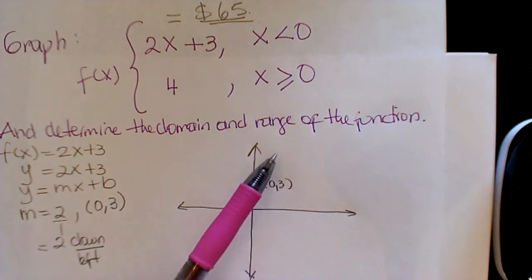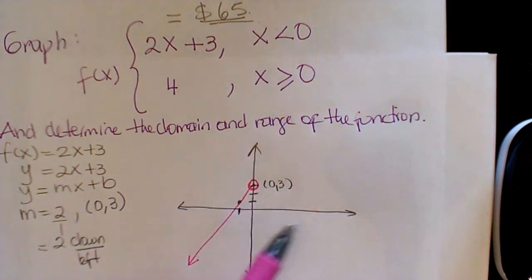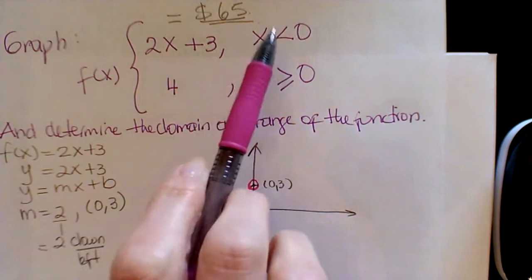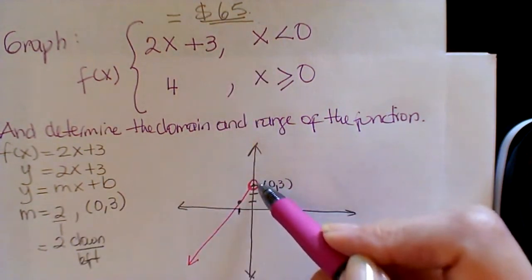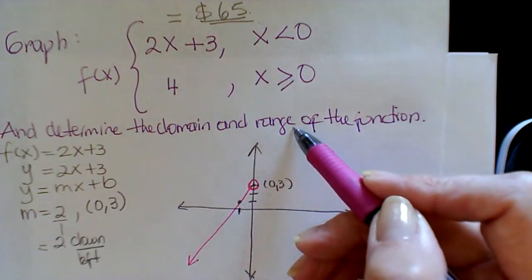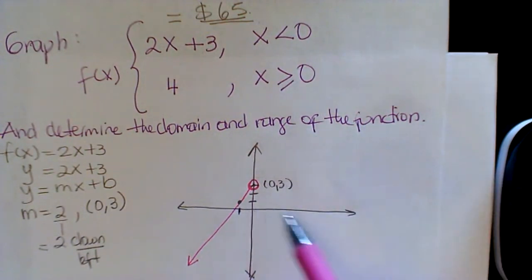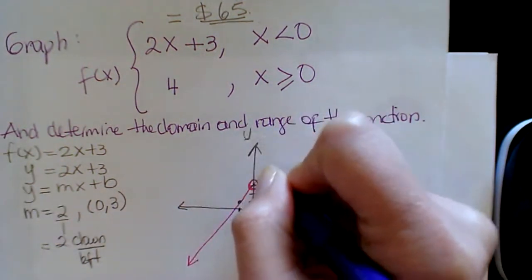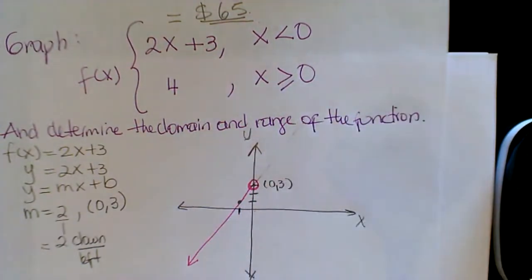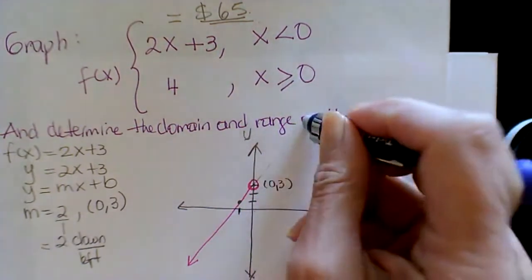We're not going up because it's the x numbers, remember it says here less than 0. So it's this part. I'm not doing this part of the graph. I'm not using the numbers greater than 0. Okay, that's why I'm doing it that way.